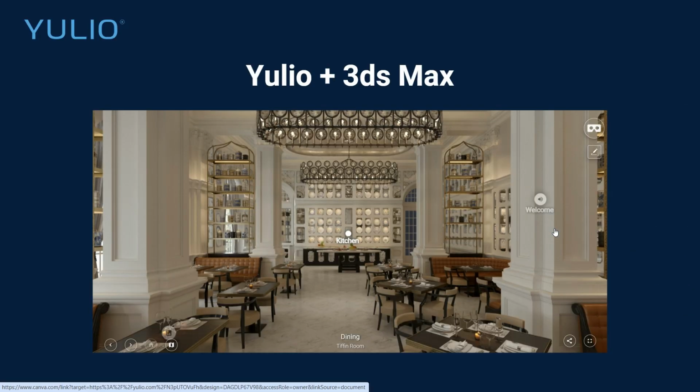Now, you don't have to use Yulio Jump to create VR projects in Yulio. For example, if your main priority in your VR projects is photorealism, you can opt to render your VR scene files using an alternative rendering engine that may provide you more photorealistic renders. Before uploading those files to Yulio, you just have to make sure that they meet our upload requirements, which I'll show you later.